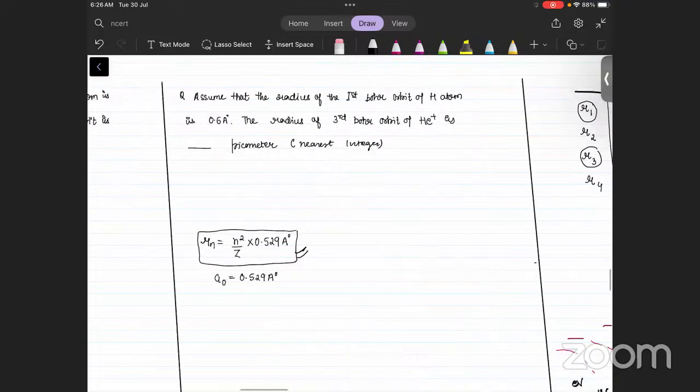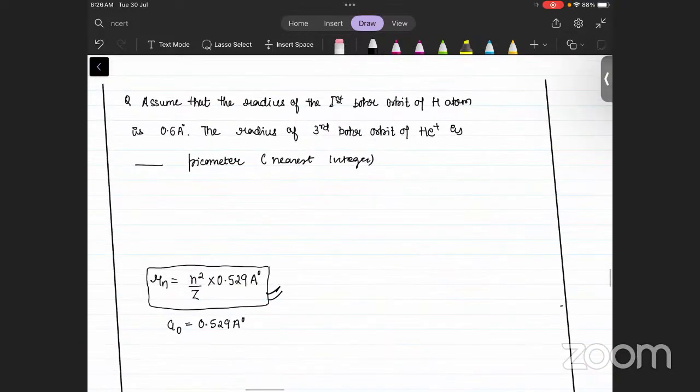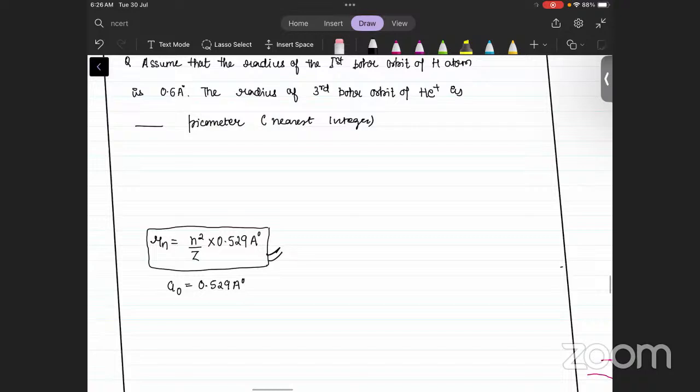So what it is saying is, assume the radius of the first Bohr orbit of the H atom, R1 for hydrogen, is 0.529 angstrom.